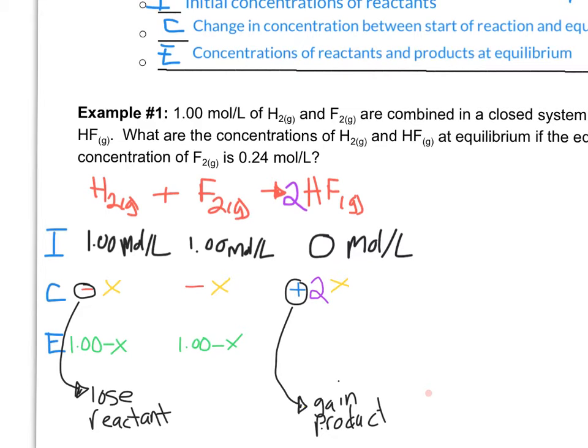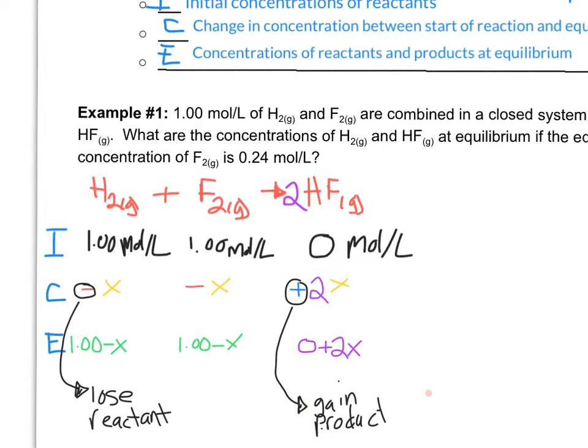We started with 1.00 mole per liter. We are going to have a change of negative X. So our equilibrium is going to be 1.00 mole per liter subtract X. And then the concentration of our product, the hydrofluoric acid, is going to be our initial, so 0, plus 2X.